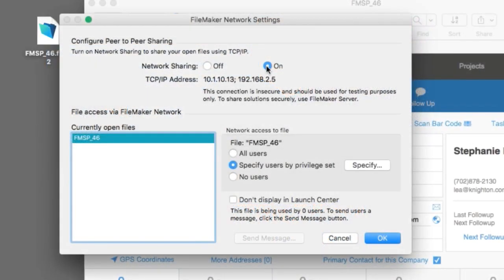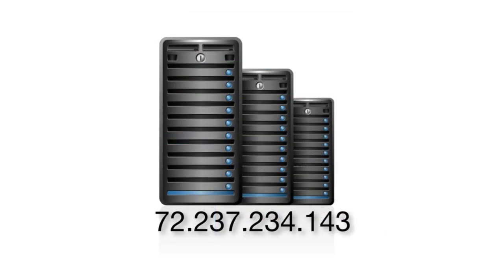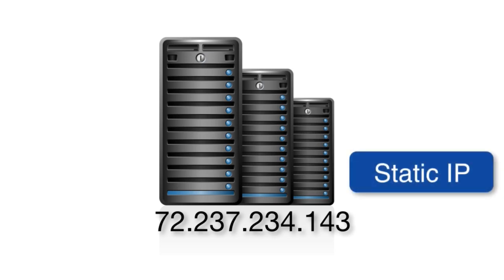So every time I restart this computer right here, this address will change. And that's what makes web servers and FileMaker servers special. With a dedicated server, every time you restart that system on the internet, that server's address stays the same. These machines have what they call a static IP address.